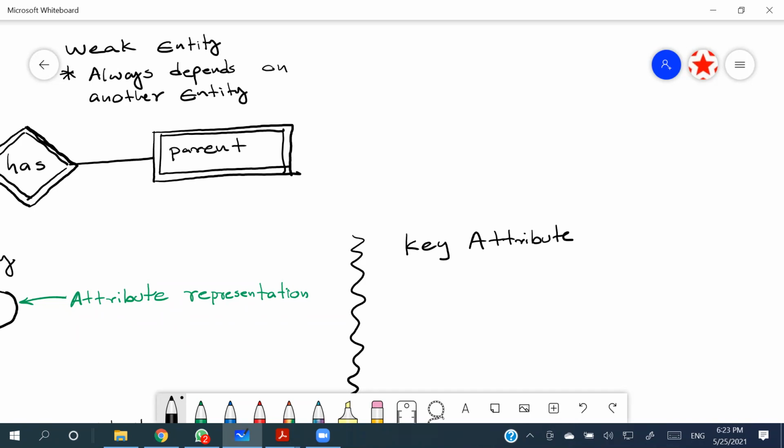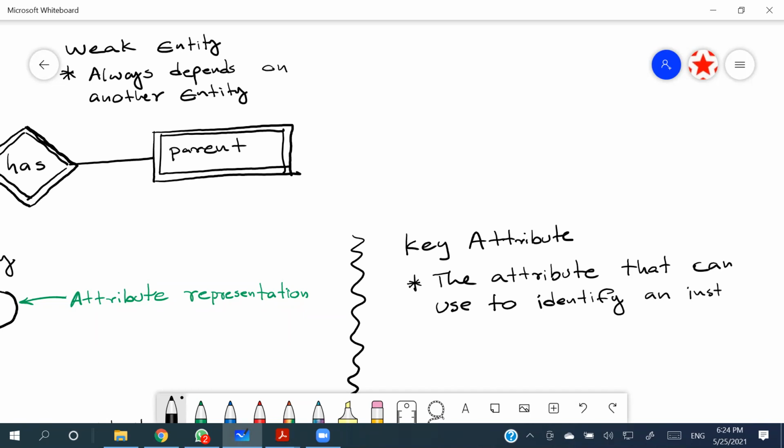So a key attribute is the attribute that can be used to identify an instance of an entity uniquely.